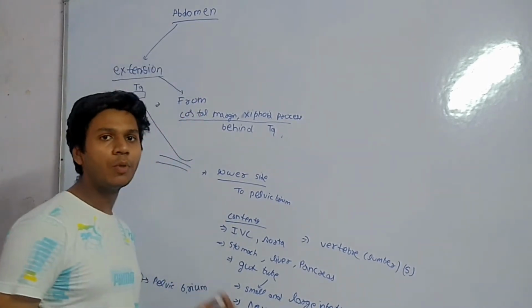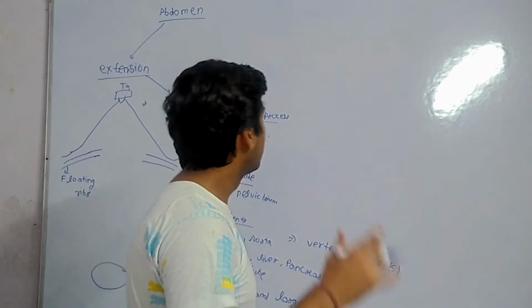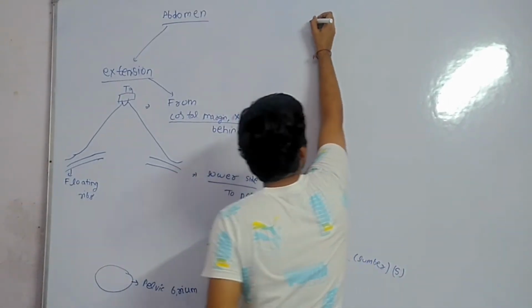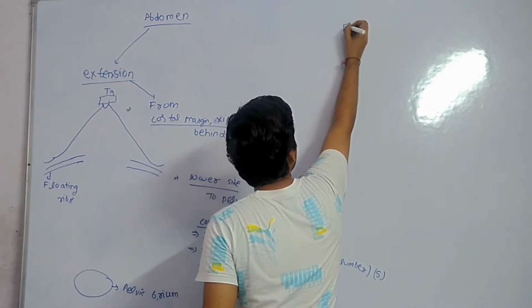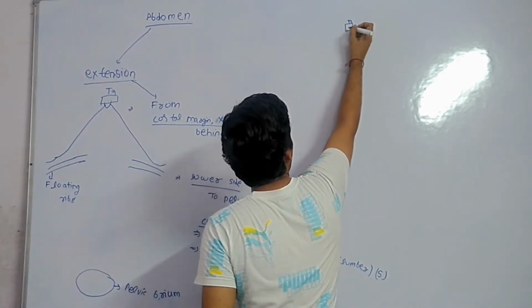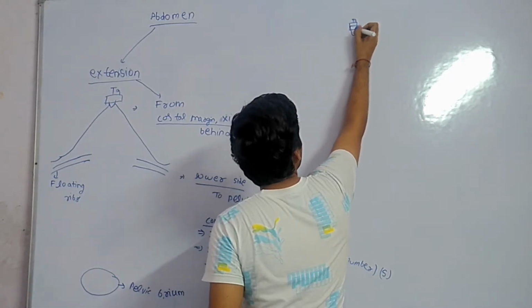Now come to the planes of abdomen. So there are many planes in abdomen. First, let's say this is T9 vertebra and xiphoid process. This is xiphoid process.